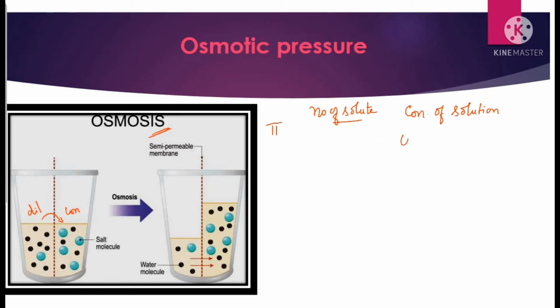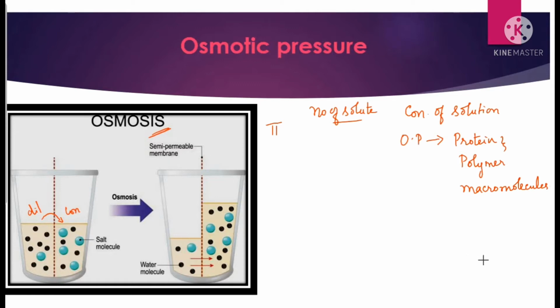Specifically, osmotic pressure is used to calculate the molecular weight of proteins, polymers, and certain macromolecules. Other colligative properties are not used for these compounds because they may undergo denaturation. So you can calculate the molecular weight of these macromolecules.